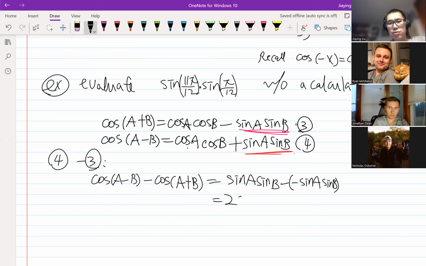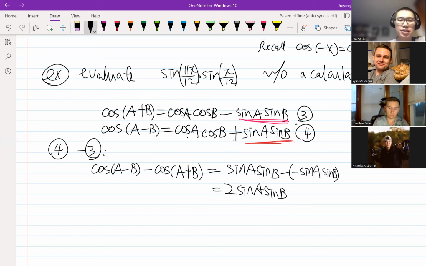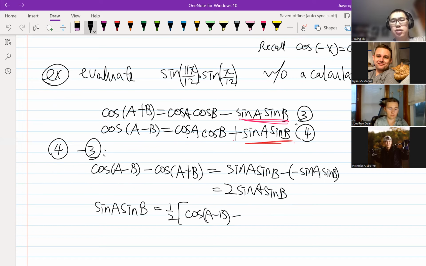This really becomes 2 sine A sine B. From there, I'm going to divide by 2 on both sides. So I get sine A sine B, moving it to the left, equal to 1/2 bracket cosine of A minus B minus cosine of A plus B. So that's the formula for sine A sine B.